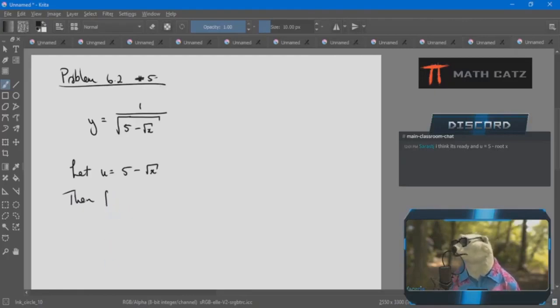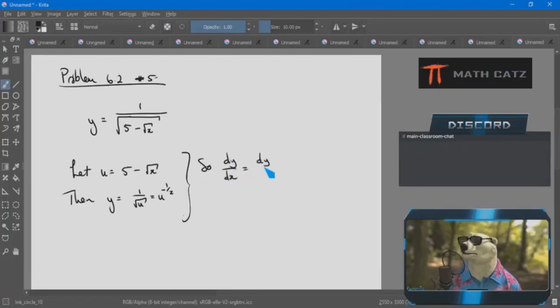So the outside function in this case is 1 over root u, which certainly is simple enough because I'm going to write that as u to the negative 1/2, which again, I hope you are comfortable with. Then we're ready to try. We got an outside function. Outside function seems simple enough, so it's probably going to be good to go. Set up my chain rule.